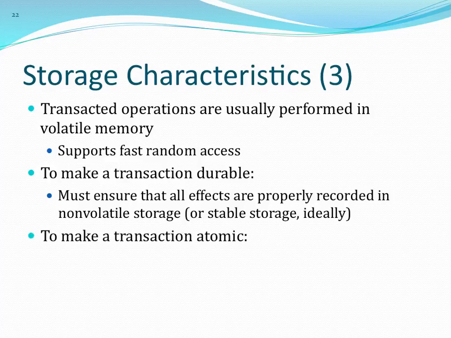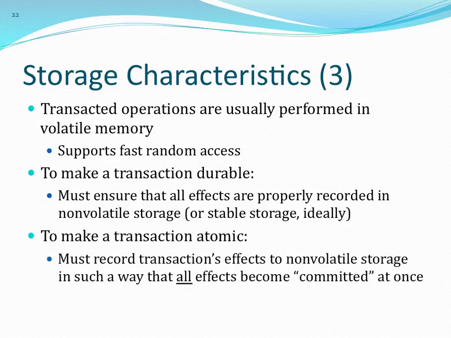Like I say here, to make the transaction durable, we have to make sure that all those effects are recorded in non-volatile storage. To make it atomic, I need some way, this commit operation, which right now is like waving a wand, of having a single operation that we can perform atomically that exposes all the changes that we made in one atomic step. That's a challenging thing to do.